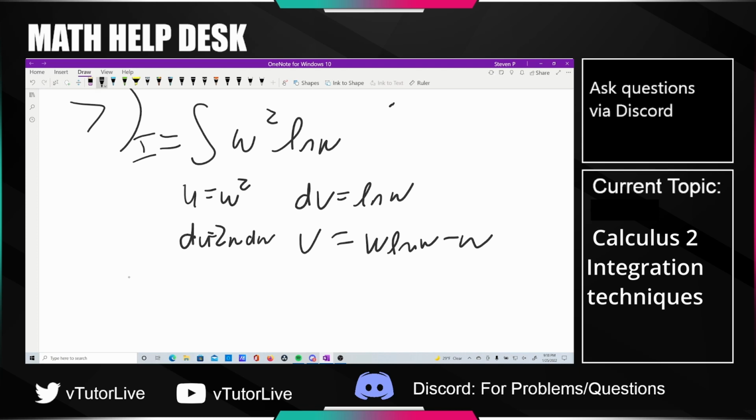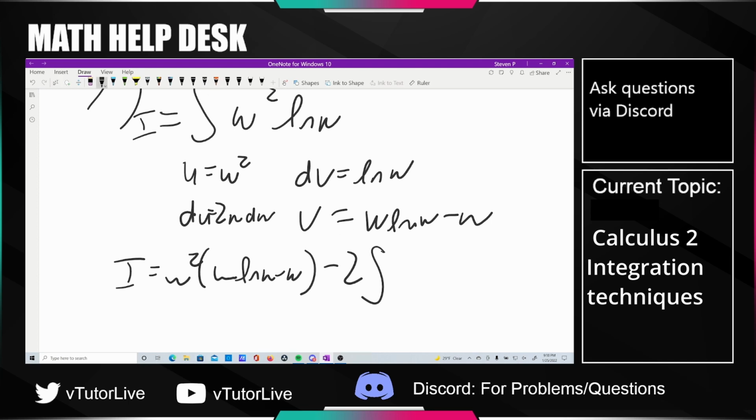So if you do integration by parts, I is equal to w squared times w ln of w minus 2. Well, this just turns into, because the 2 comes from here, we get w squared ln of w minus w squared dw. And the integral of w squared isn't too bad, right?